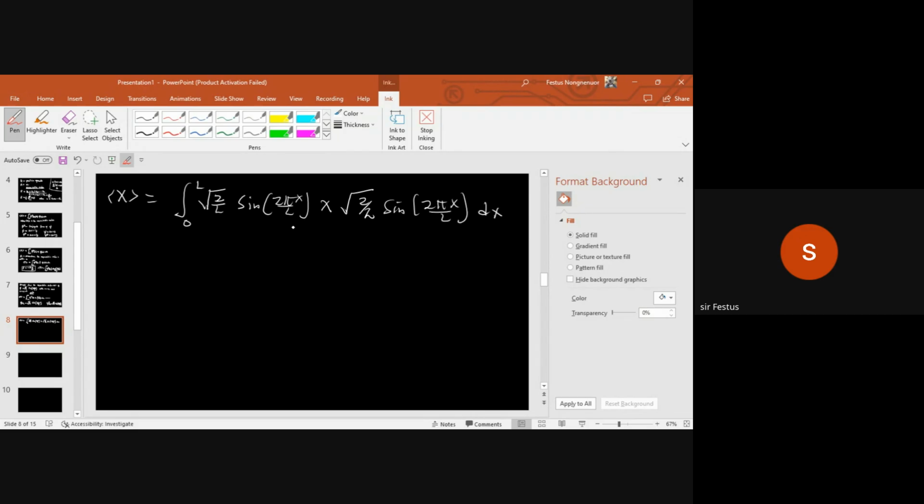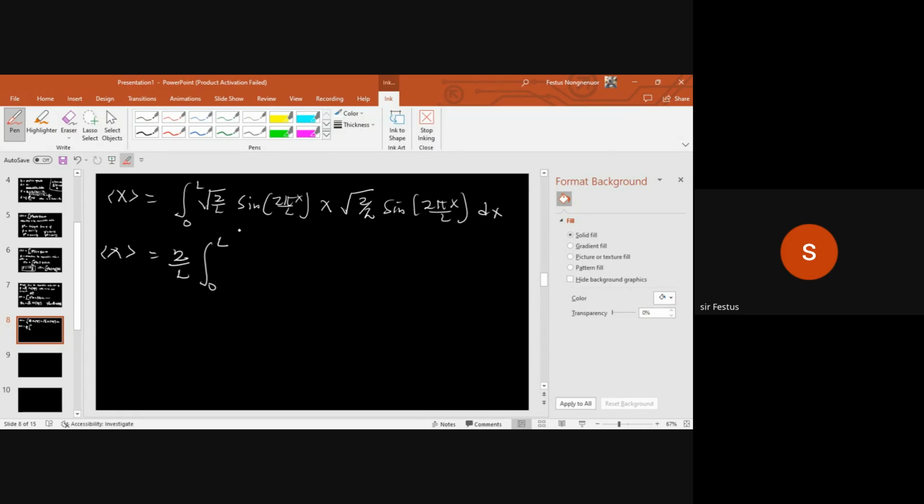Okay, so you multiply. By doing that, we can take the constant out. Square root of 2 over L times square root of 2 over L will be only 2 over L. So we can bring that outside the integral because it's a constant value. Now integral of 0 to L. Sine theta times sine theta is sine square theta.